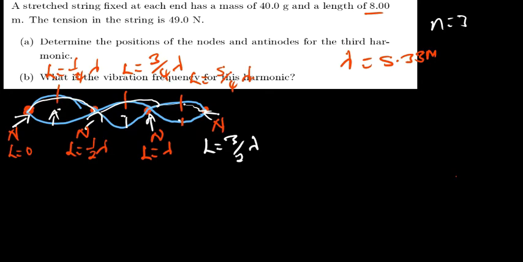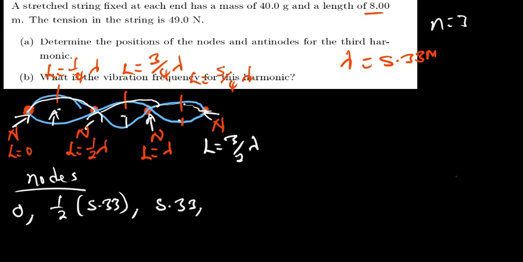So the first position of the node, I'll start with the node. The first one is going to be 0. The second one will be 1 over 2 lambda, where lambda is 5.33. Then the third one will be just lambda, which is 5.33. The fourth one will be 3 over 2 lambda, which is 5.33.